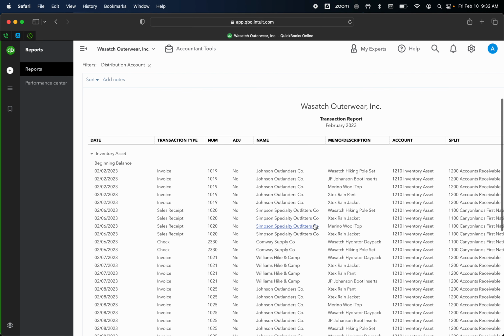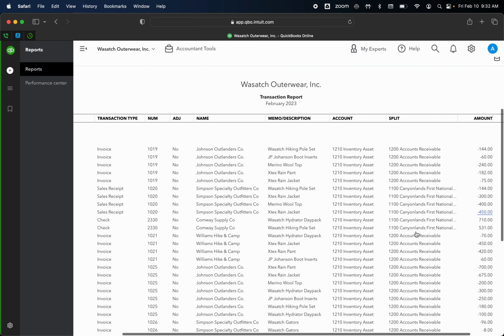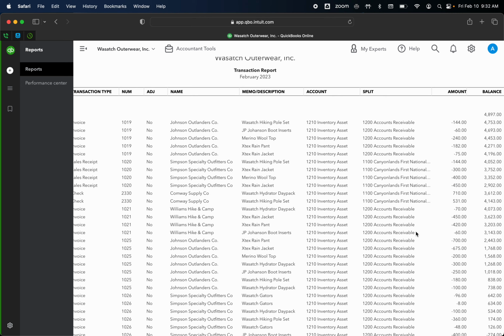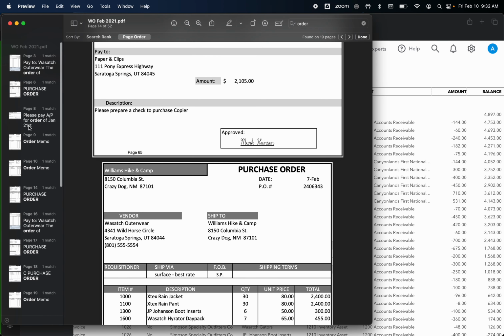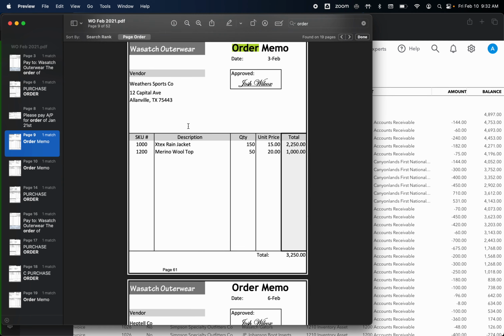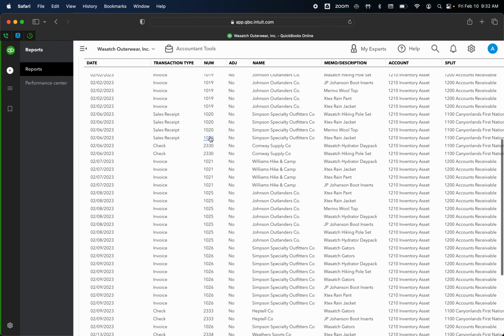So the inventory assets, we have your Johnson Outlanders. There's the first order memo. Weather Sports, February 3rd. There's that one.